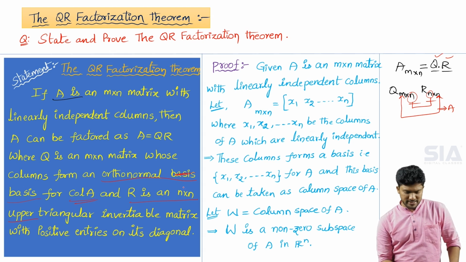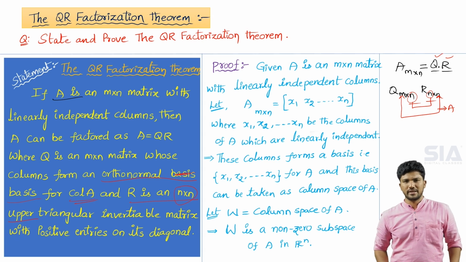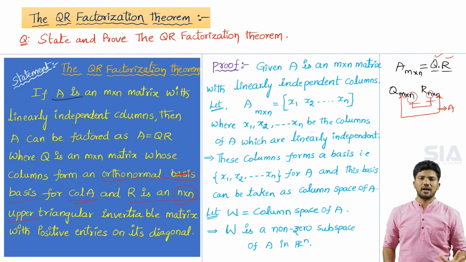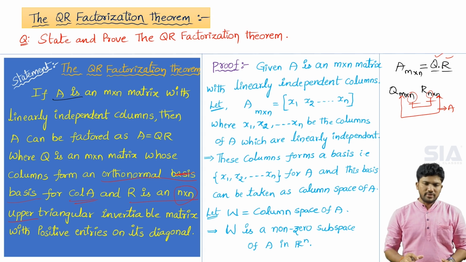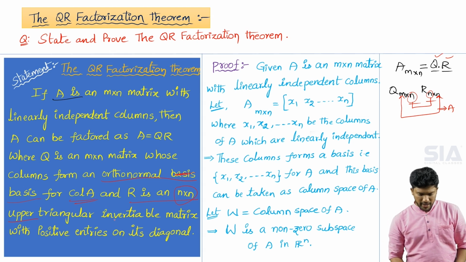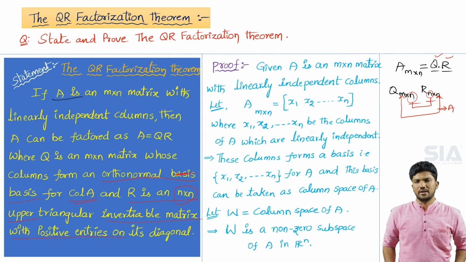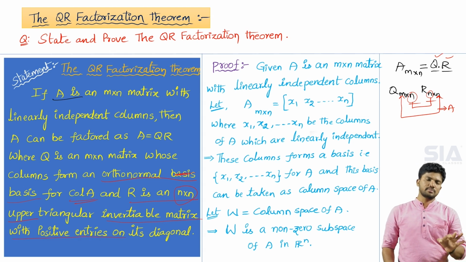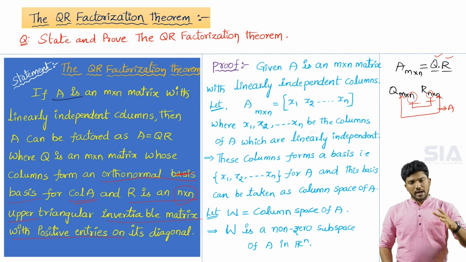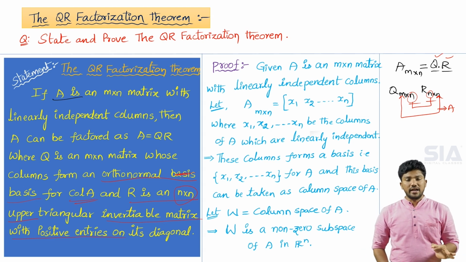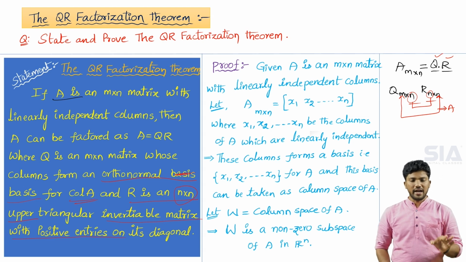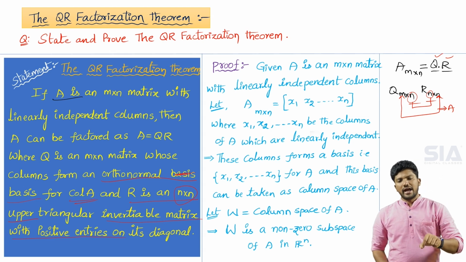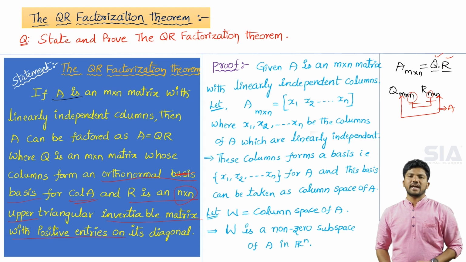N by n means it is a square matrix, 2 by 2, 3 by 3, whatever it may be, based on the number of columns of capital A. So capital R is an n by n upper triangular invertible matrix with positive entries on its diagonal.